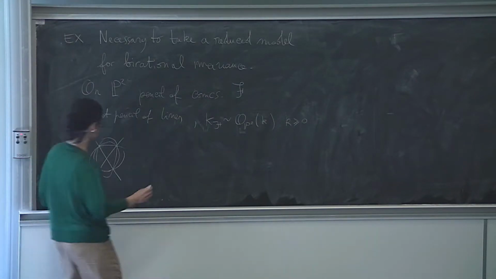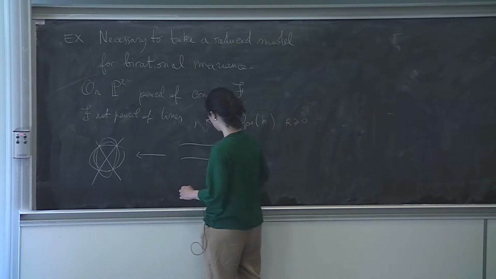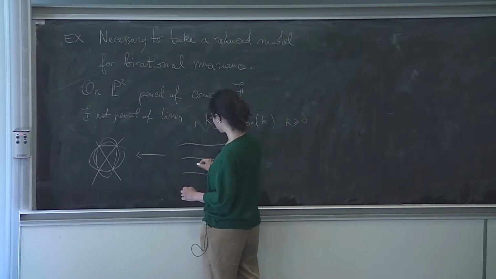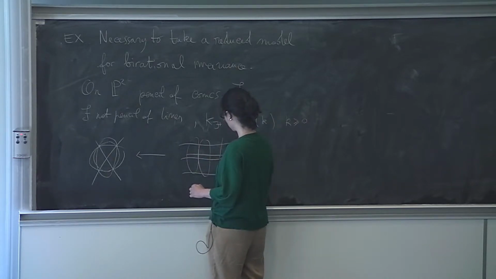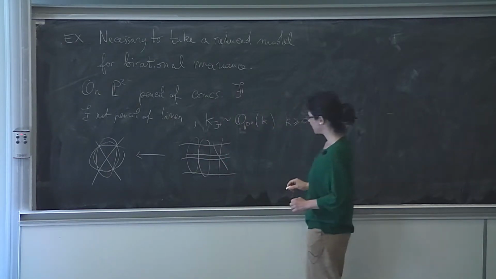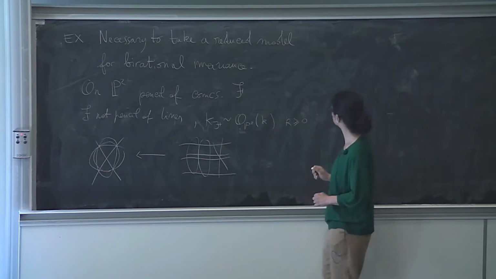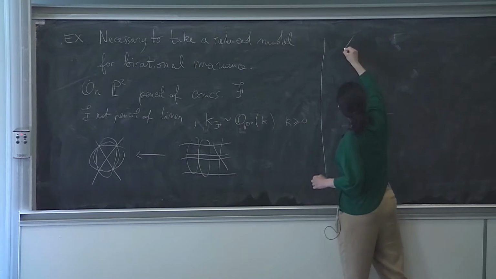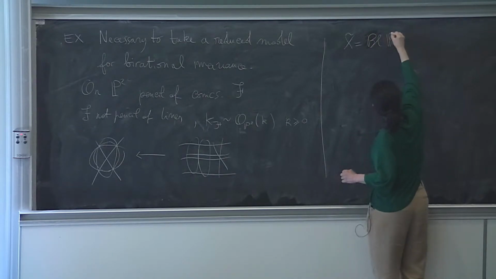And we resolve the singularities and we get, well, 4 exceptional curves. And then all the conics are separated. And this is a rational fibration. So X tilde, the blow up of P2 along 4 points.